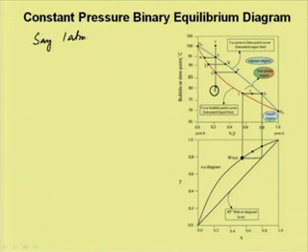Now, if the solution is heated, then the first drop of vapor will form at O, and it has the composition at P, which is richer in the more volatile component.